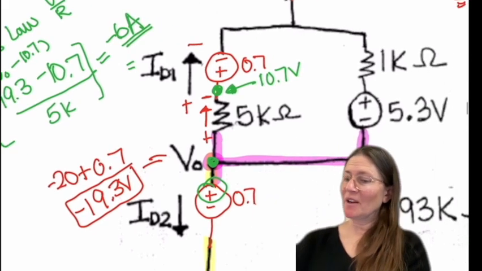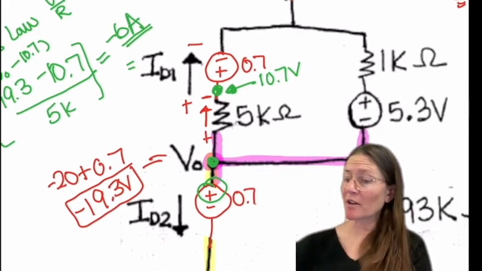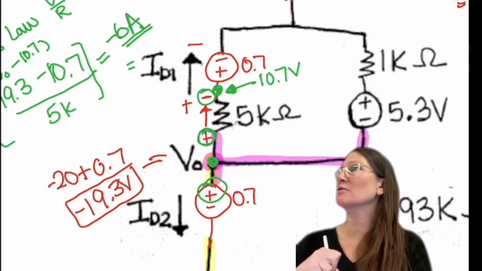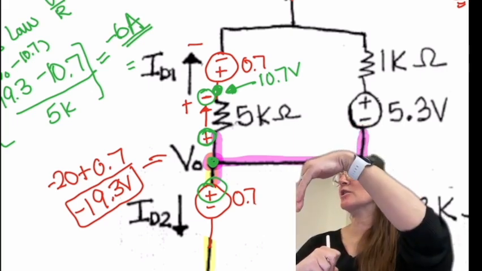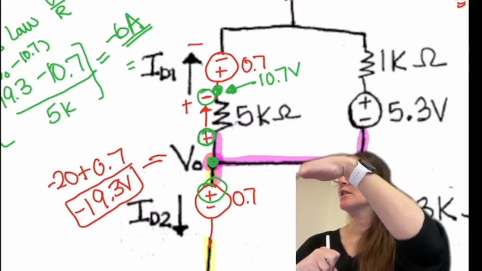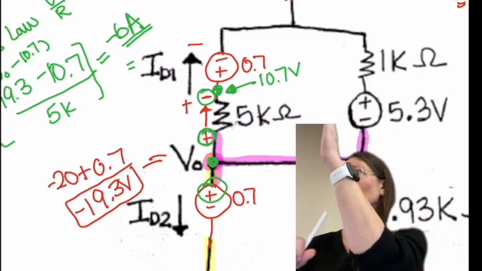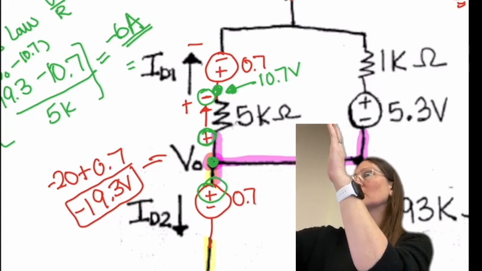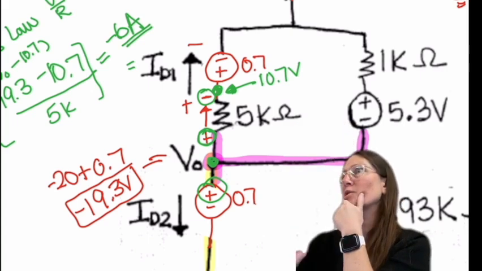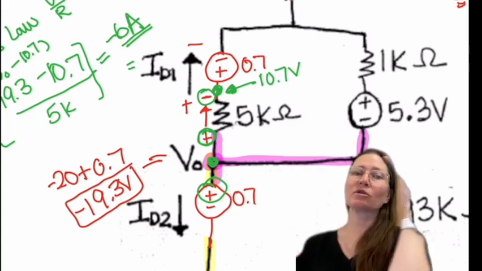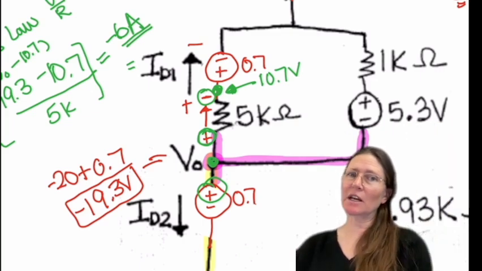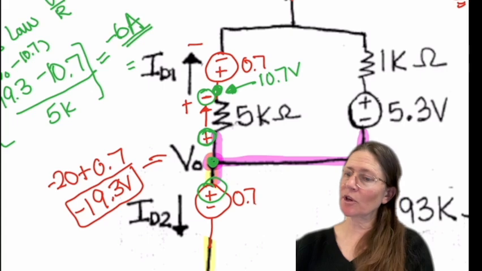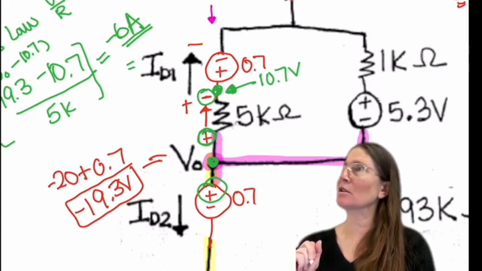I see. For the current, you take the positive side first, minus the negative side. So it depends on the direction that current is specified. In this case, it's specified as going up, so the positive is on the bottom and the negative is on the top. If the current was going down, then you would take 10.7 minus 19.3, or minus a minus 19.3.